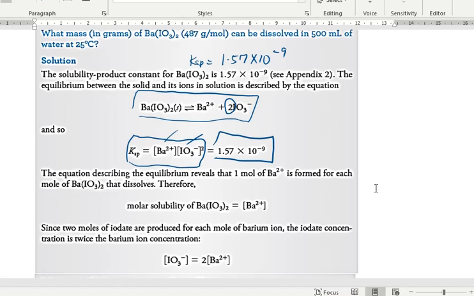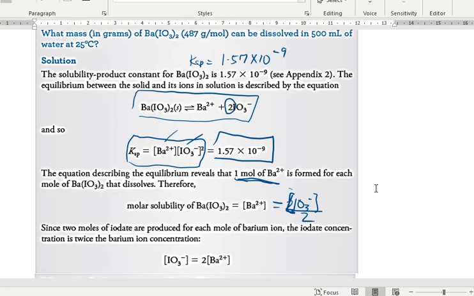So, the molar solubility of barium iodate is equal to the concentration of barium 2+, right? Because there's 1 mole of barium formed for each barium iodate that dissolves, and this is also equal to the concentration of iodate over 2. Because you have two iodate ions, right?